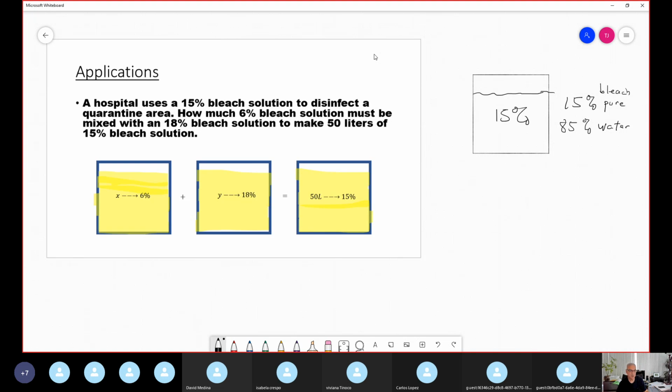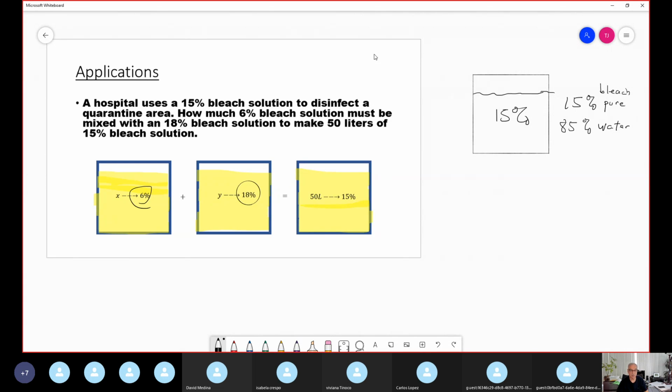Okay, you put 6%. Okay, it's low concentration. I need 15, because 15 is proof that the bacteria virus is killed with the 15%. The 6 is not enough, but 18 is too much. So you put together, it makes sense that the concentration is the intermediate value, which is 15.